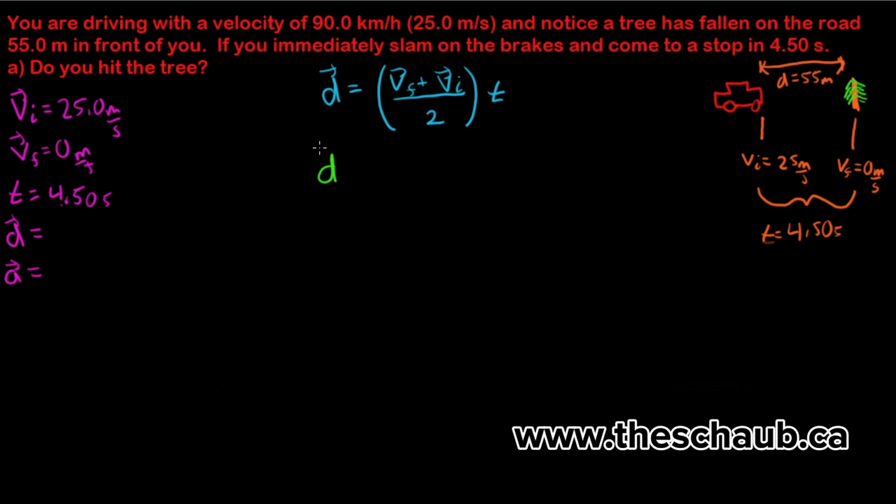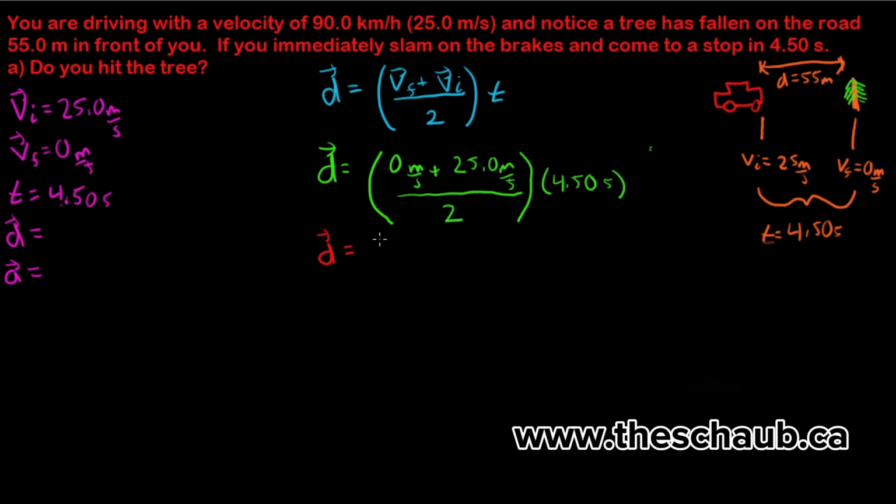So our D is equal to our velocity final, which is 0 meters per second, plus our velocity initial, which is 25 meters per second, divided by 2. This is all multiplied by the time it takes to stop, 4.50 seconds. We can clean this up a little by rewriting it without the 0.